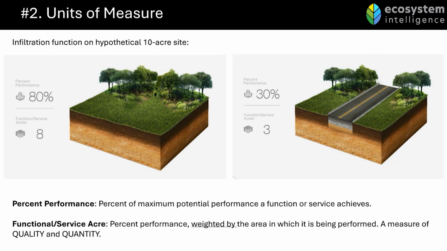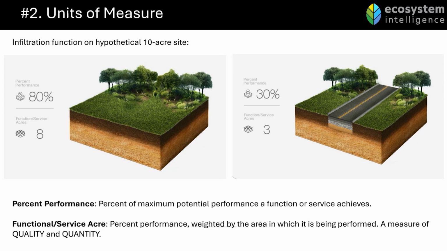If you're measuring air quality in parts per million and you're measuring water quality in milligrams per liter, it's hard to equate those two, right? And then you add biodiversity, where you may be using the number of species present on the site. How do you bring those three together? It's very difficult. So this is our primary unit of measure.